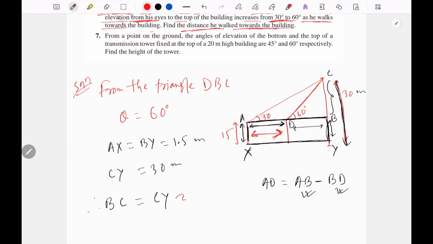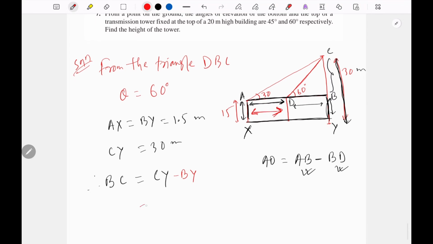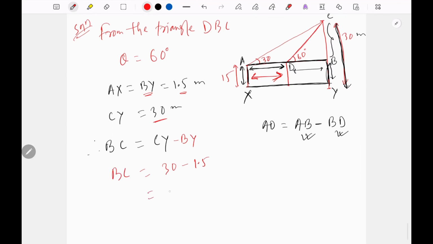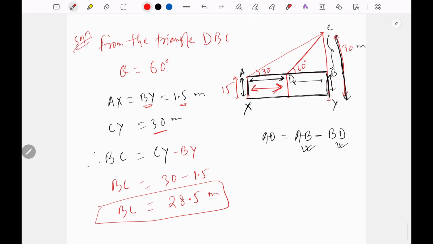So if you subtract BY from CY, then we can get the length of BC. CY is 30 and BY is 1.5. So the length of BC is 28.5 meter. So we got the length of BC.